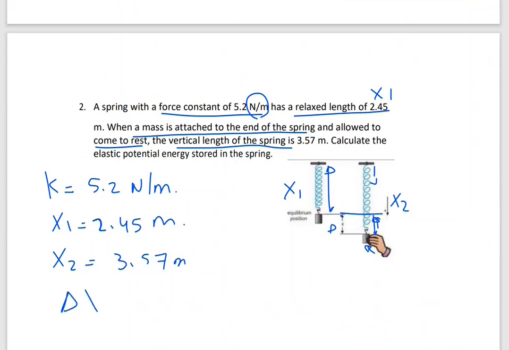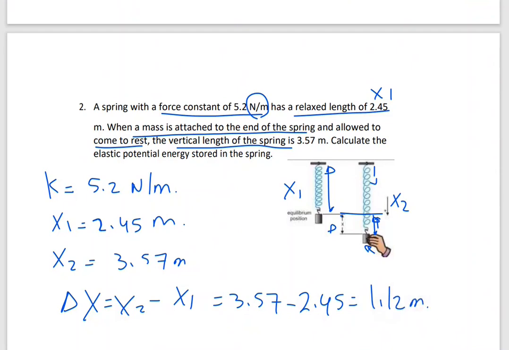I can find delta X as the new length, X2, minus the old length, X1. X2 is 3.57 minus 2.45, and this will equal 1.12 meter.